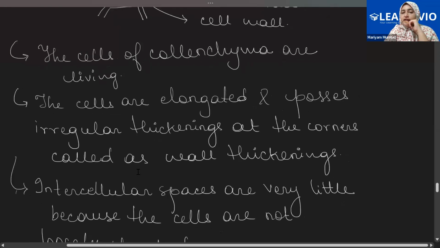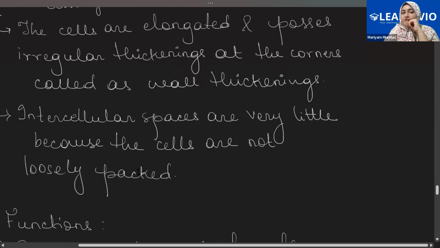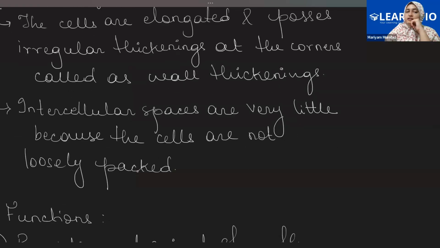The cells can be elongated, and they have irregular thickenings, meaning they are thickened at some points, and those areas in the wall we call wall thickenings.